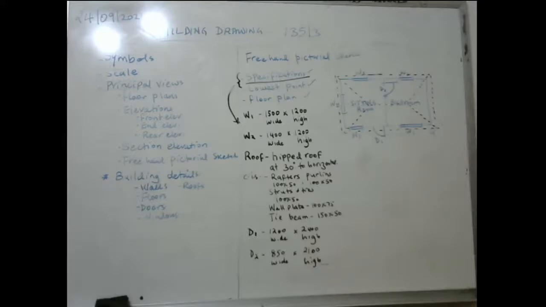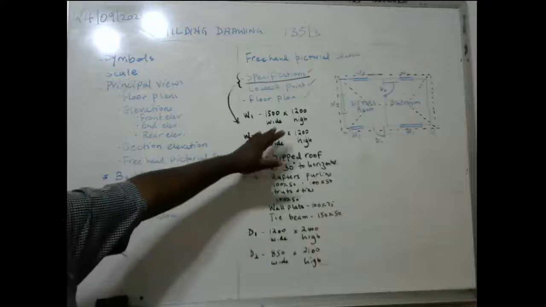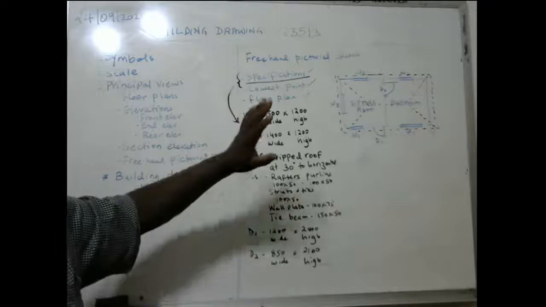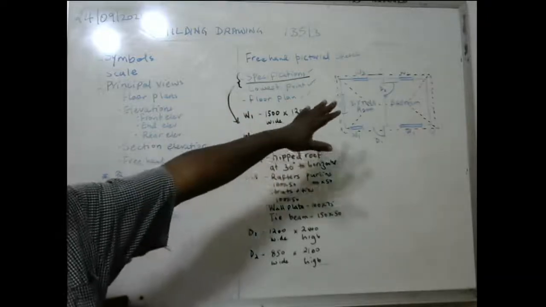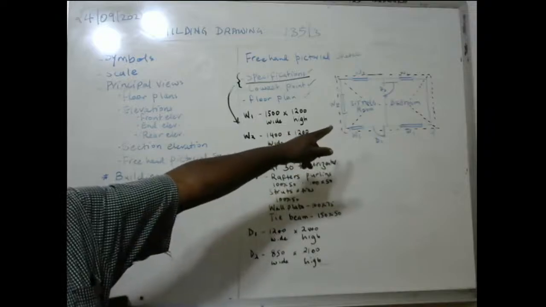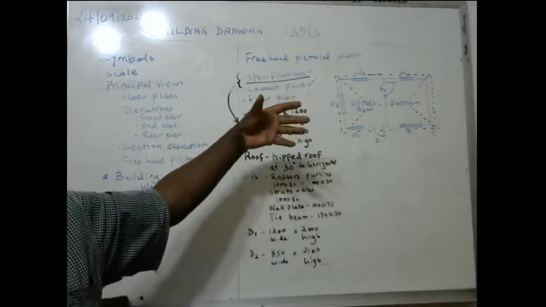In other words, once you as a student are given the floor plan, you need to know which one is the lowest point that has been given, and you need also to understand the specifications, the information that concerns this particular building, so that you are able to use it when you are developing the freehand pictorial.